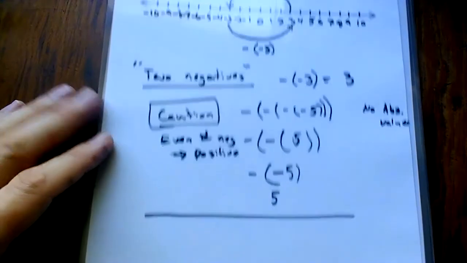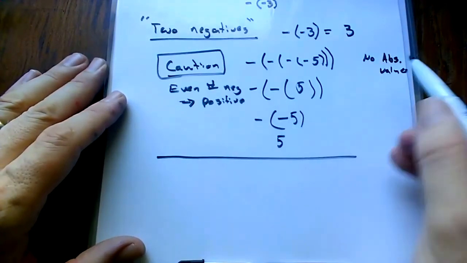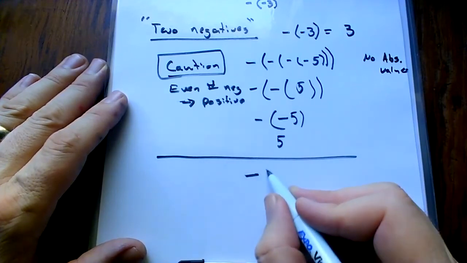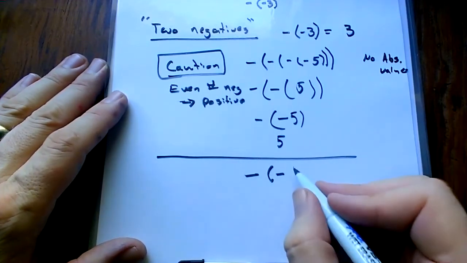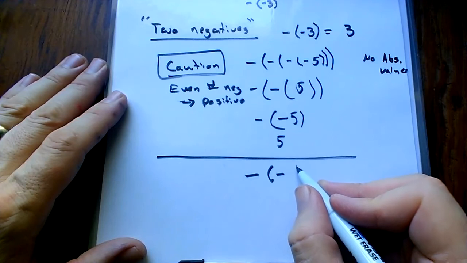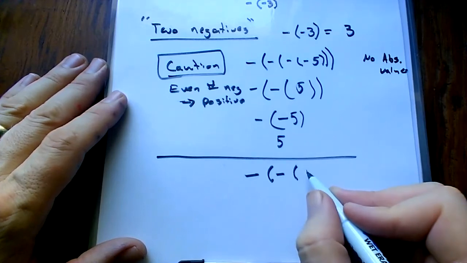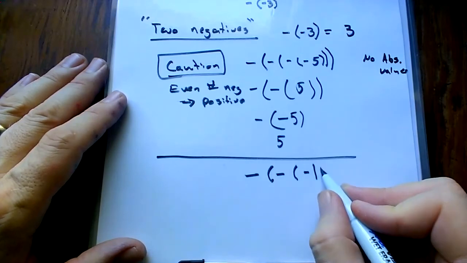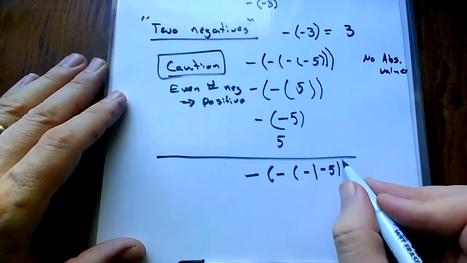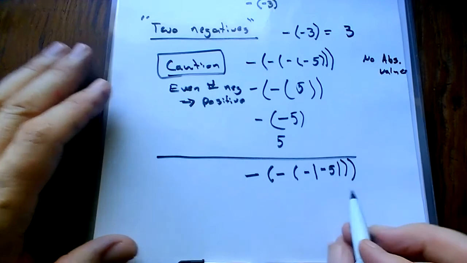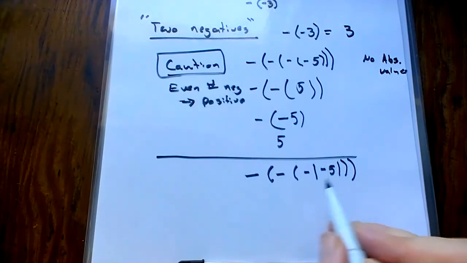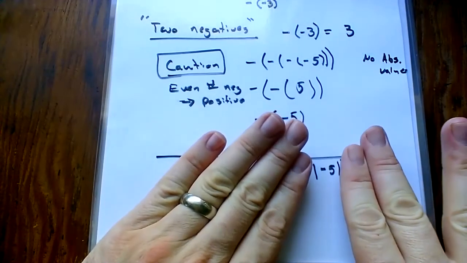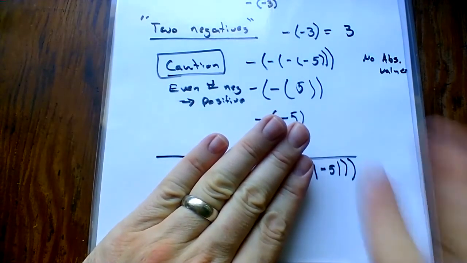The caution here is, as soon as I have an absolute value in here, then things start to change. Remember, we evaluate things from the inside out. So the absolute value of -5 is just 5.